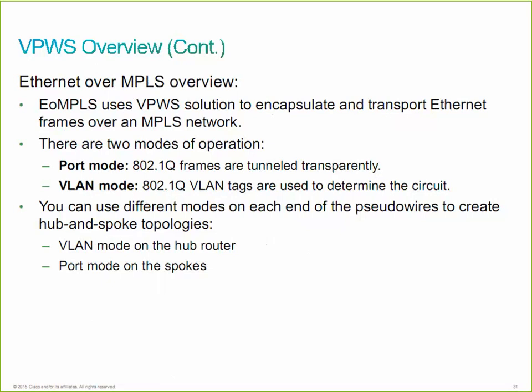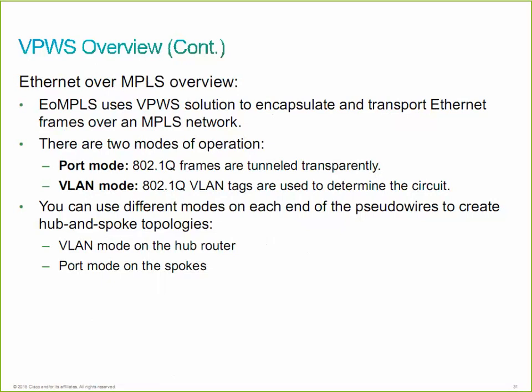That includes the 802.1q header if I've got an 802.1q tag, and it allows me to transport the entire frame. Port mode is entirely transparent, so it allows the customer to use this pseudo wire as a standard Ethernet link. So I can set up 802.1q trunking and carry multiple VLANs across the pseudo wire and so on.